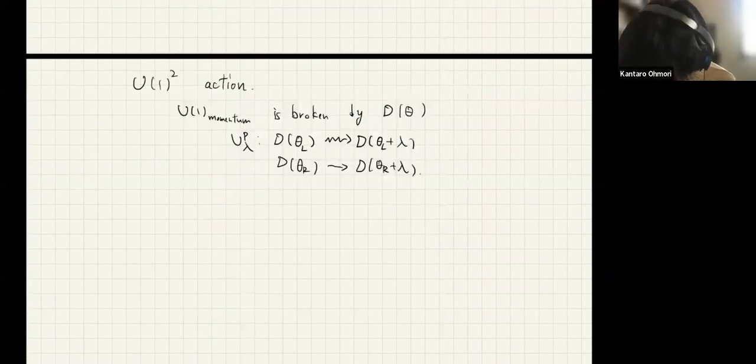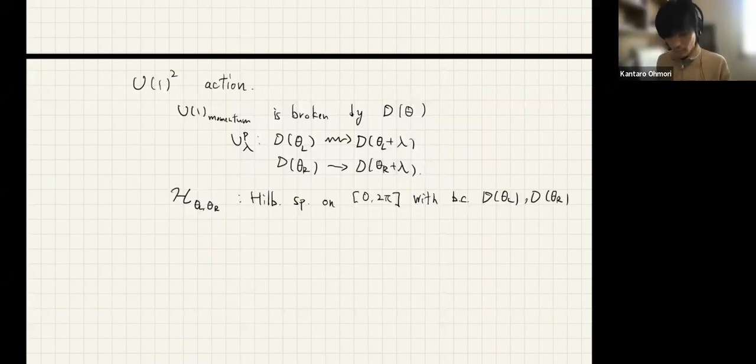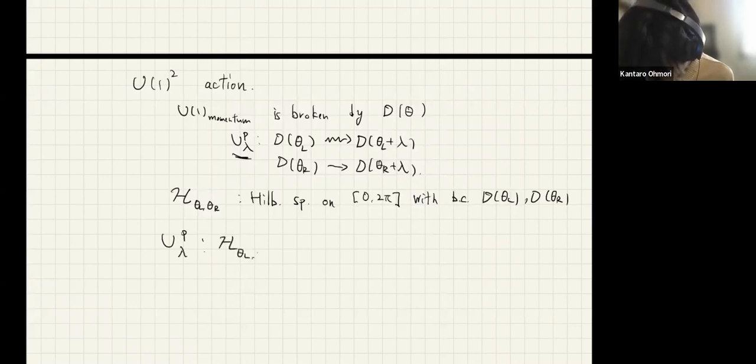Let us denote by curly H of theta L, theta R the Hilbert space on the interval 0 to pi with the boundary conditions D theta L and D theta R. Then this is a linear map from one Hilbert space to another Hilbert space.